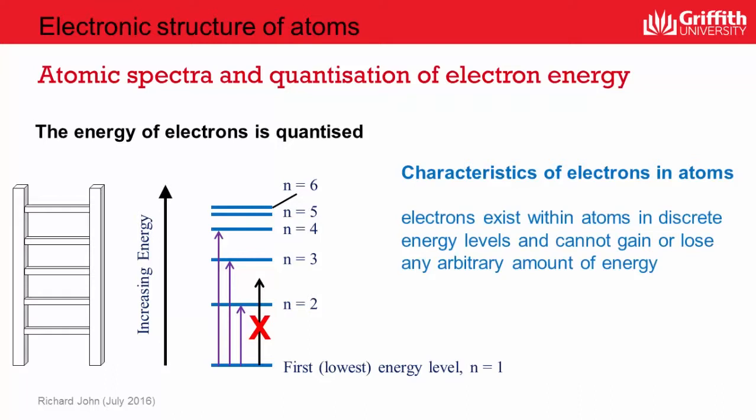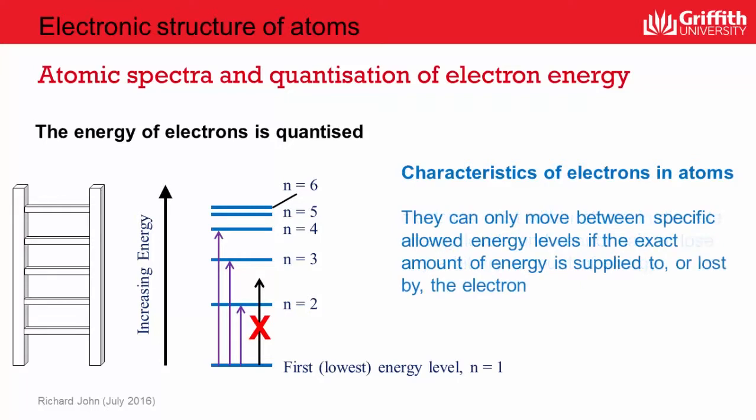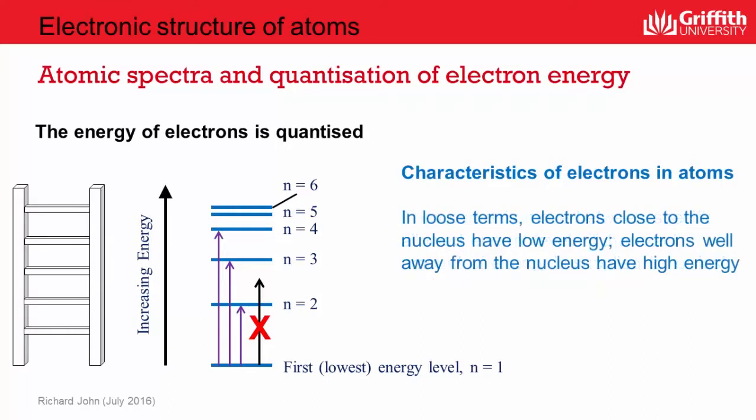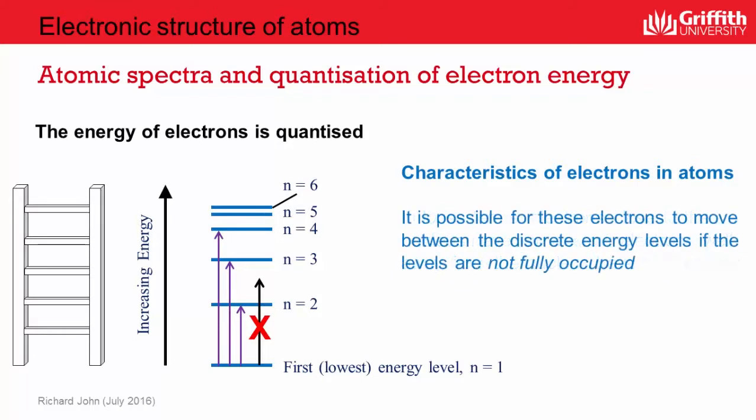Electrons exist within atoms in discrete energy levels and cannot gain or lose an arbitrary amount of energy. They can only move between specific allowed energy levels if the exact amount of energy is supplied to or lost by the electron. In loose terms, electrons close to the nucleus have low energy and electrons well away from the nucleus have high energy.